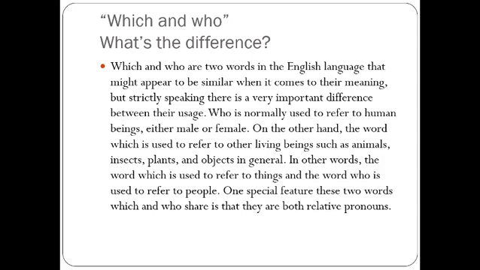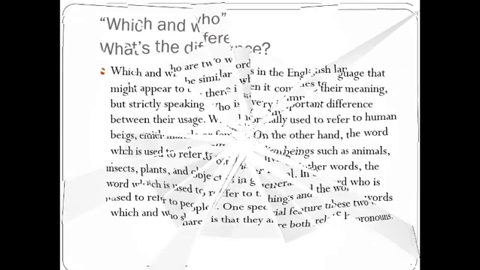On the other hand, the word which is used to refer to other living beings such as animals, insects, plants, and objects in general. In other words, the word which is used to refer to things and the word who is used to refer to people. One special feature these two words, which and who, share is that they are both relative pronouns.